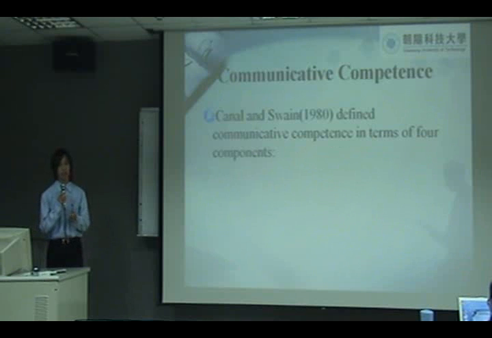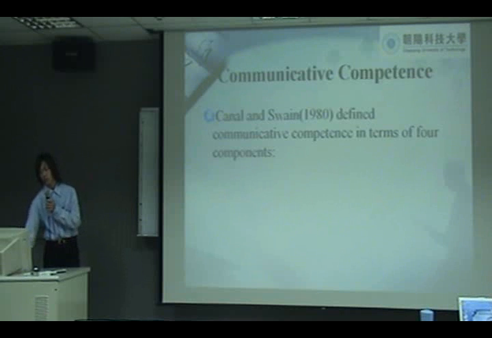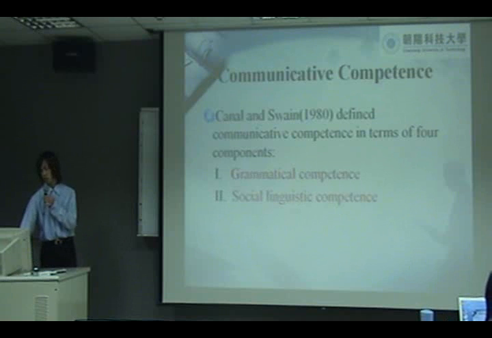I think to learn a language, it is not enough for us to know how to form grammatically perfect sentences, but we also have to know how to use them and when to use them. So Canale and Swain in the 1980s defined communicative competence in terms of 4 components. One is grammatical competence, the second is sociolinguistic competence, the third is discourse competence, and the last one is strategic competence.